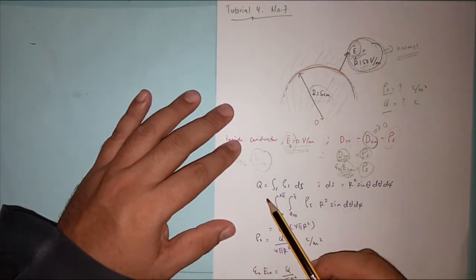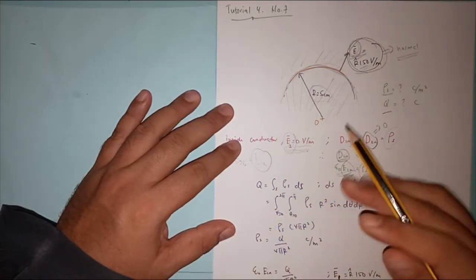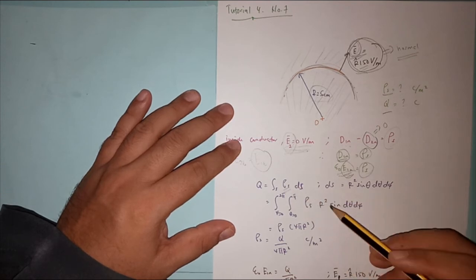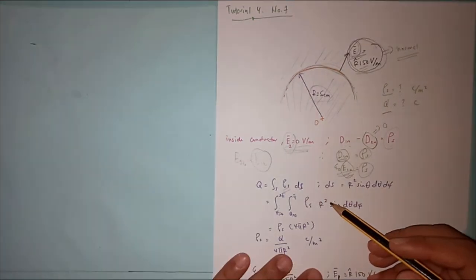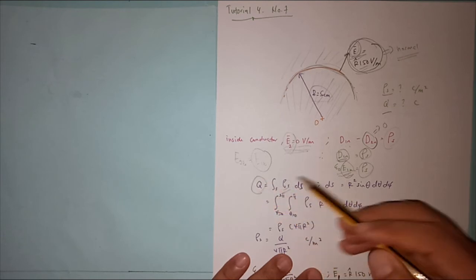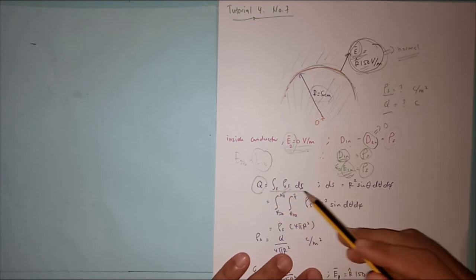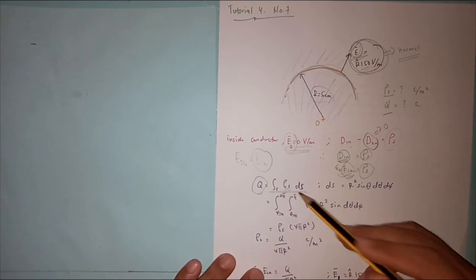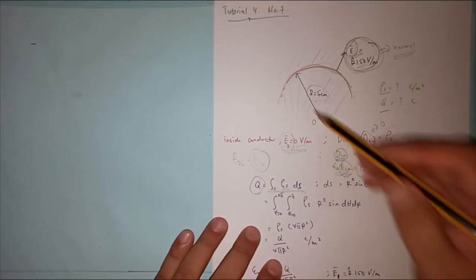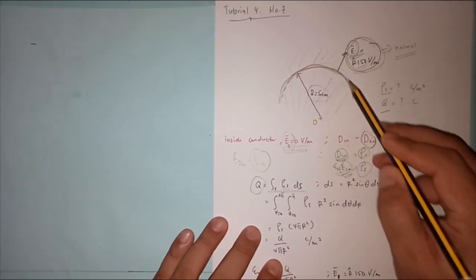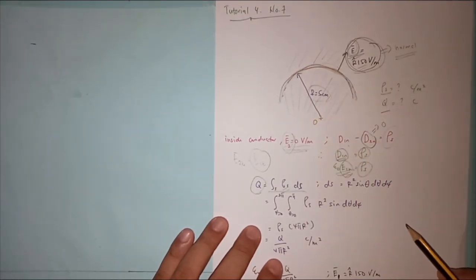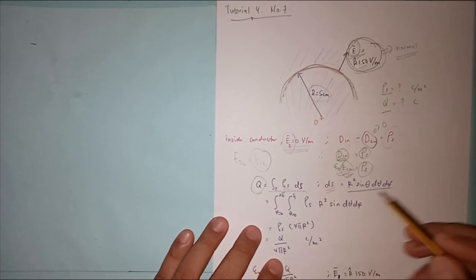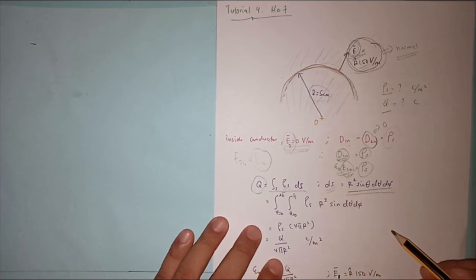Since we have a charge represented as a surface charge density, we can find the total charge by solving the integration of rho s dS over the surface. Considering this is a spherical shape, the expression for S is given by this formula.